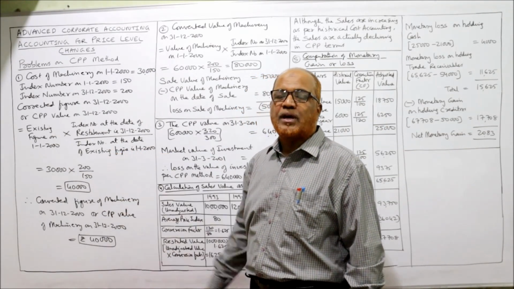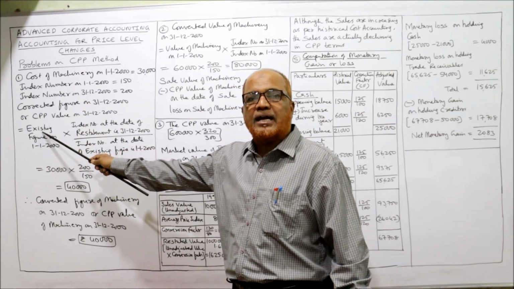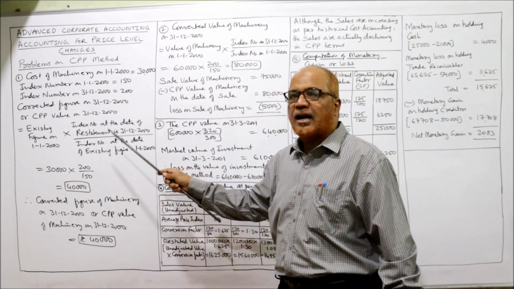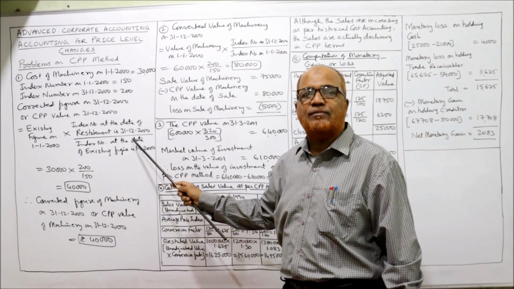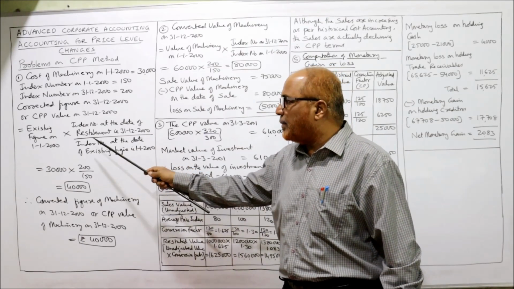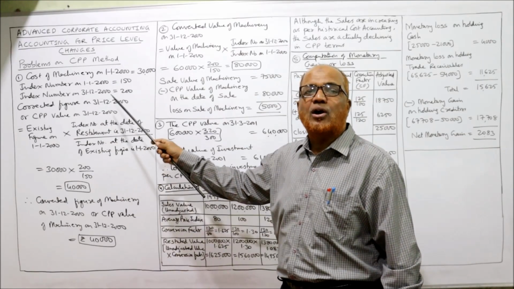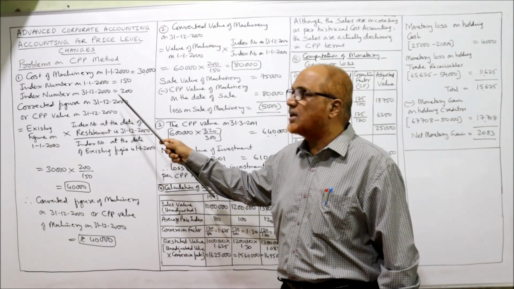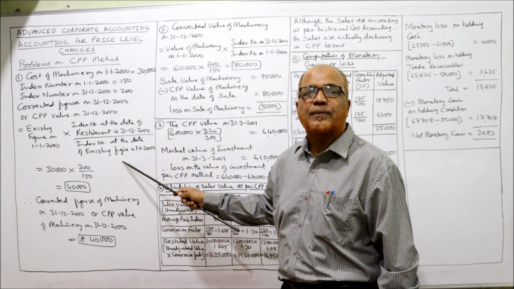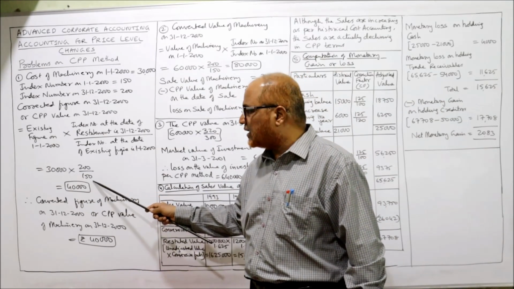It is the existing figure on 1st January into the index number at the time of restatement, that is 31st December, which is 200, divided by the index number at the date of the existing figure, 150. The correction factor is 200 by 150. The restated value is 30,000 into 200 divided by 150.